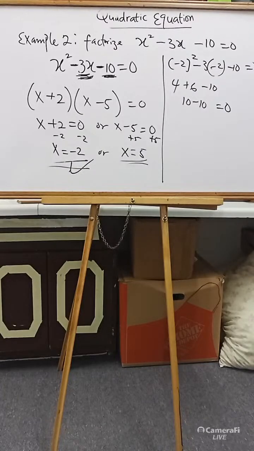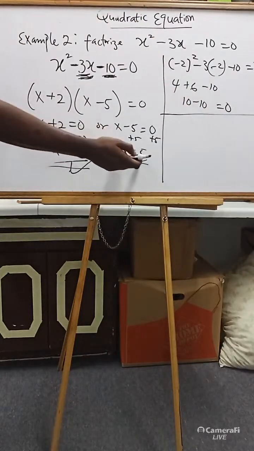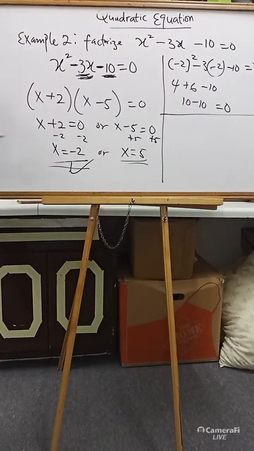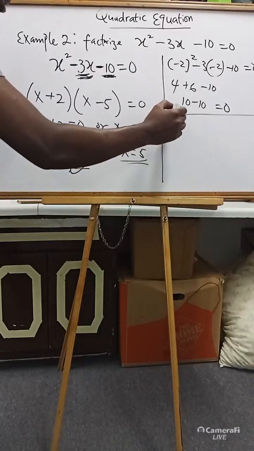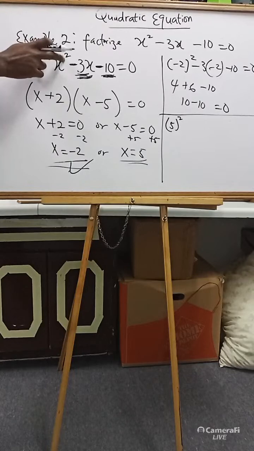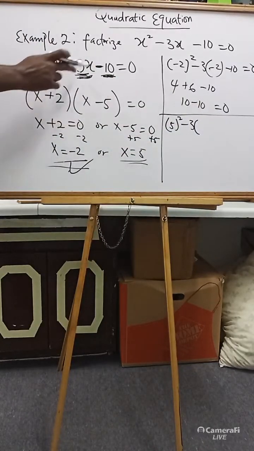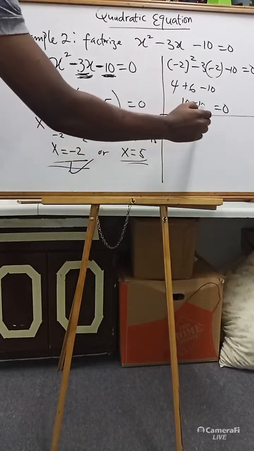Let's check for 5 also. To check for 5, just plug in 5 in place of x. So where you have x, you put in 5 raised to power 2. Okay, don't forget this is the equation we are using. Minus 3, my x is the same thing as 5.